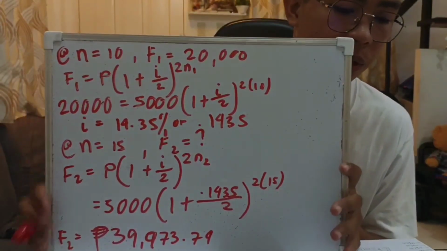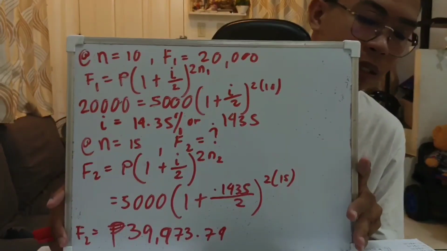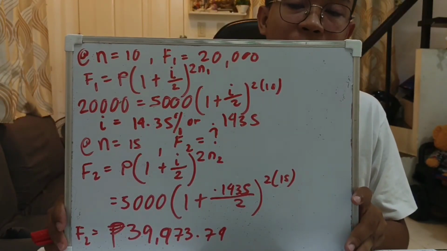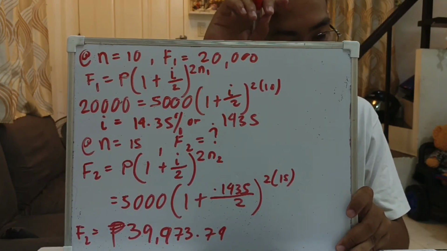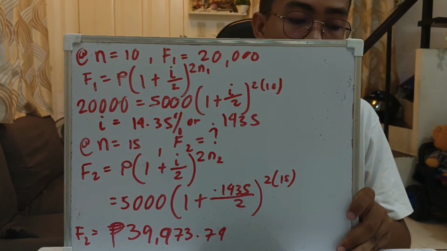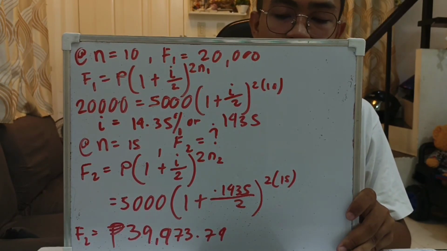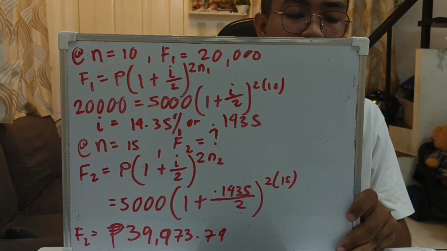It is after 10 years. And what is asked is, what is the amount after 15 years? So given our P, our principal, is 5,000 pesos, our N1 is 10, our F1 is 20,000. So solve for the interest using F1, N1, and P.